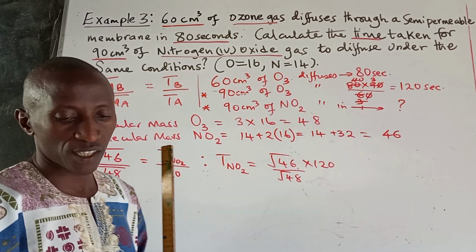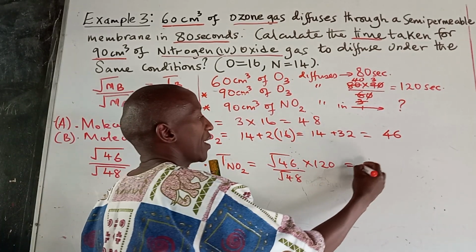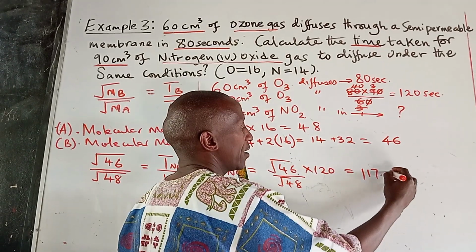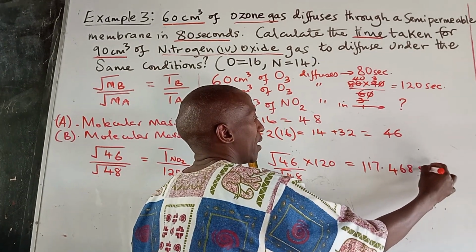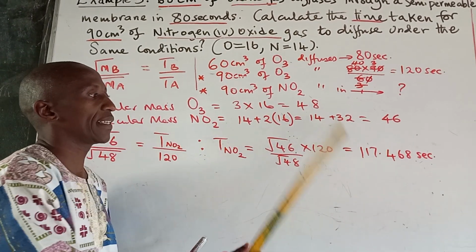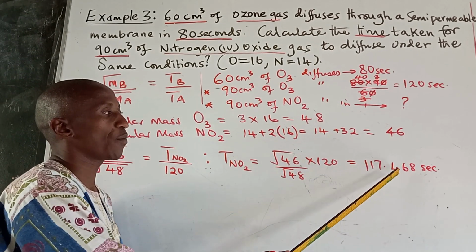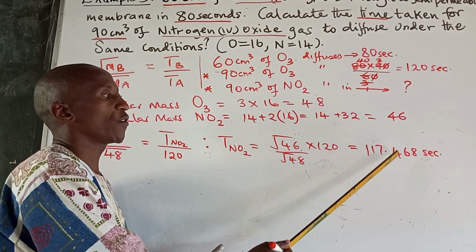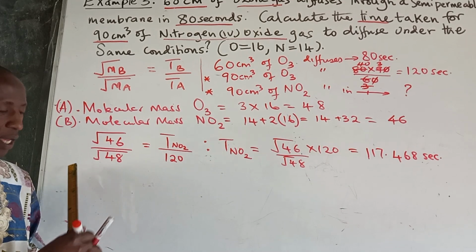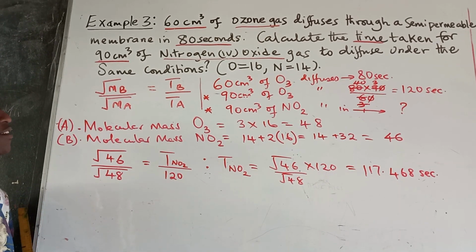Viewers, punch that in on your calculators and let's confirm if we get 117.468 seconds, and that can be rounded off to 2 decimal places, 117.47 seconds or thereabout.